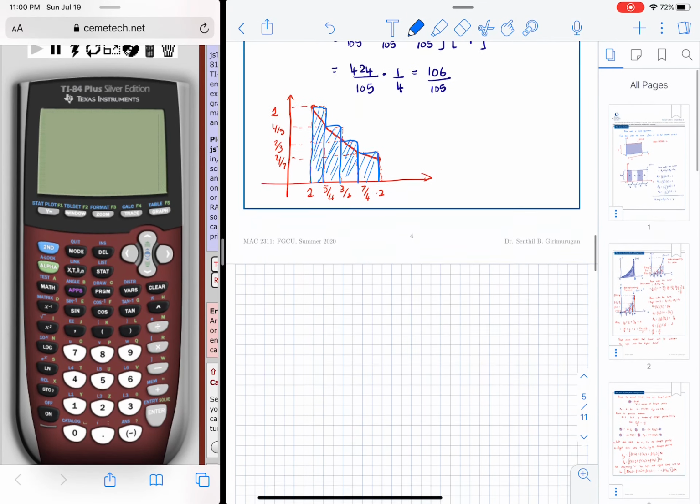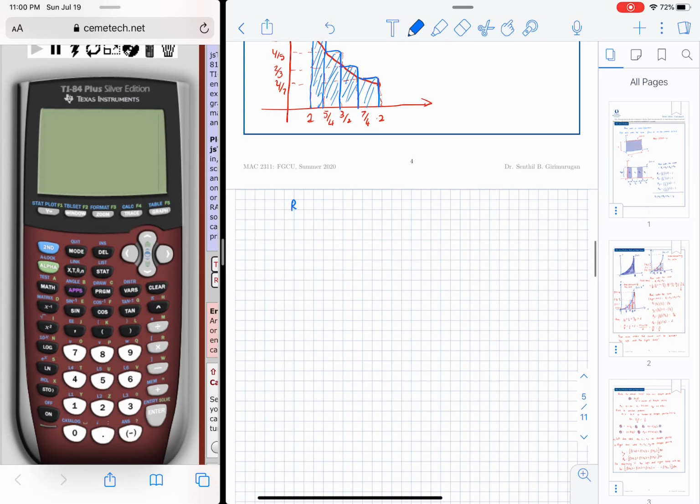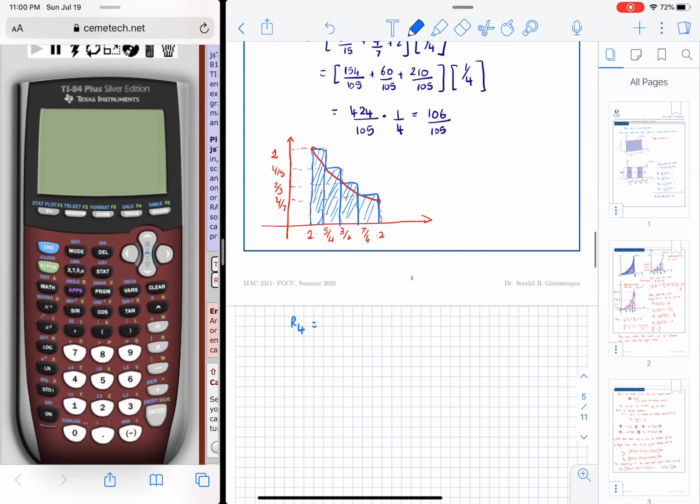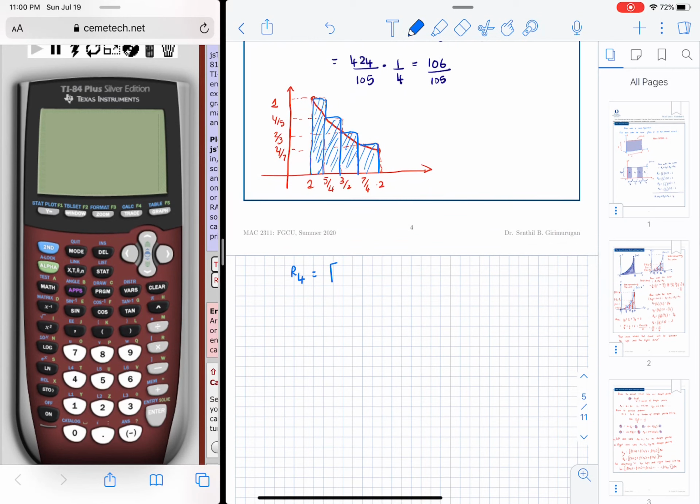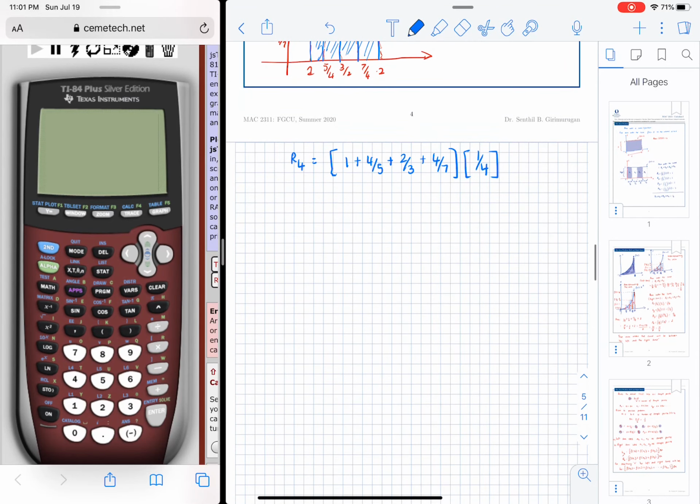So R4 would simply be equal to one, which is the height of the rectangle, the height of the next rectangle, height of the next rectangle, and multiplied by 1/4, which is the width.